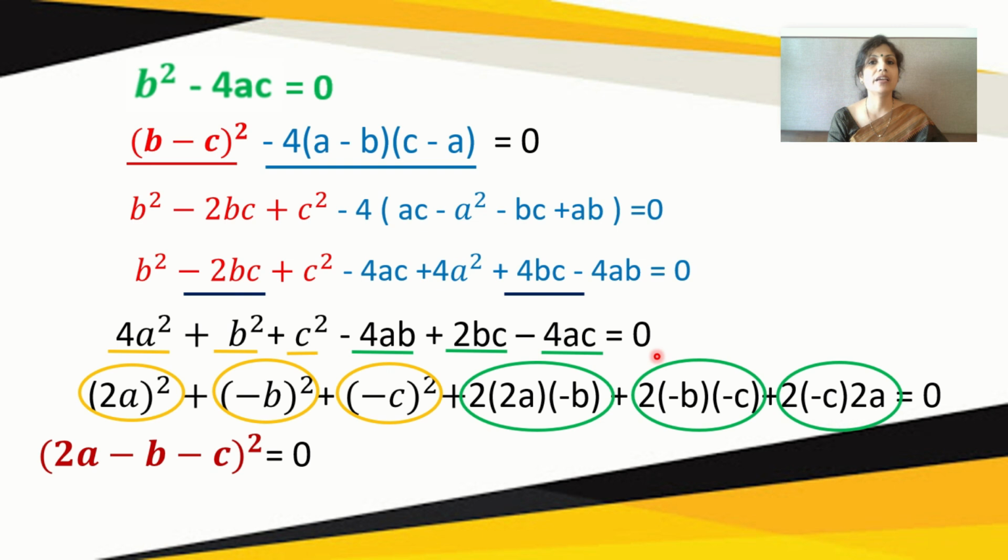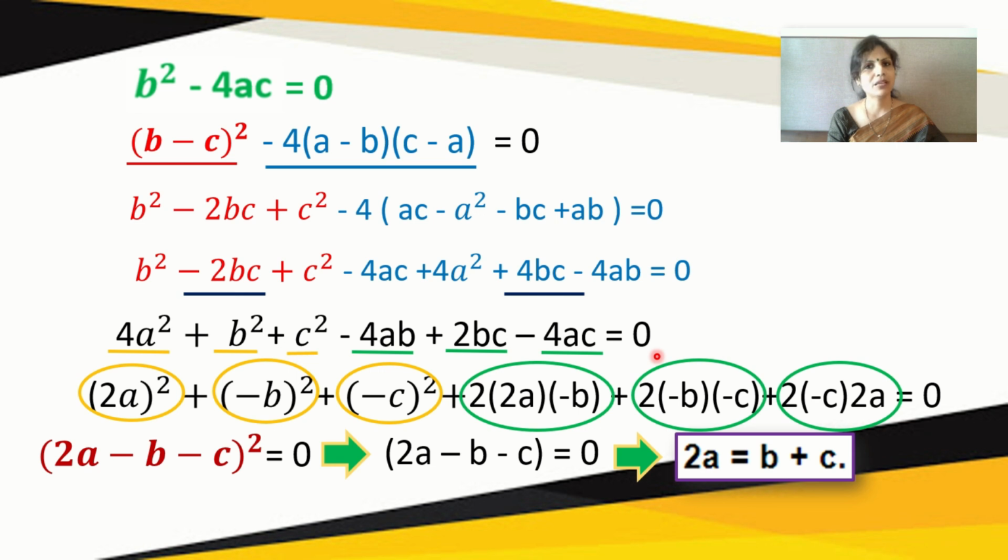Means we have written the entire equation in the form of an identity, and that identity is for 2a minus b minus c the whole square. Okay, so I can write it like this: 2a minus b minus c is equal to 0, and this will give me 2a is equal to b plus c, and hence we have proved what we have been asked.